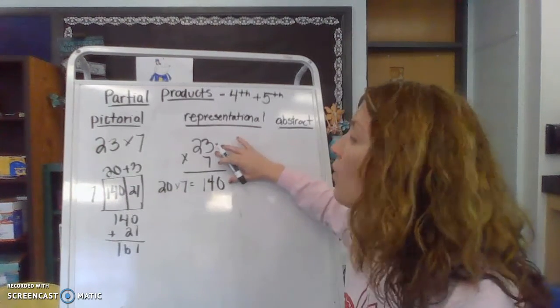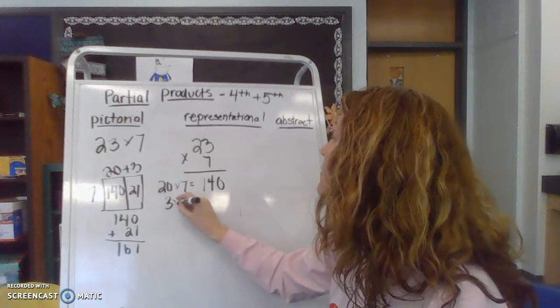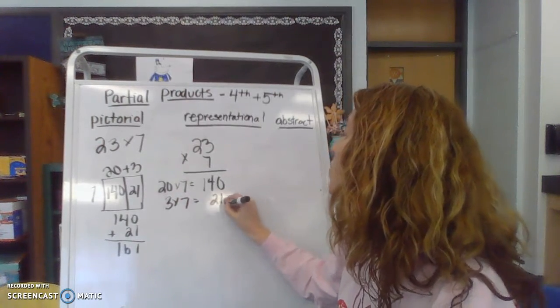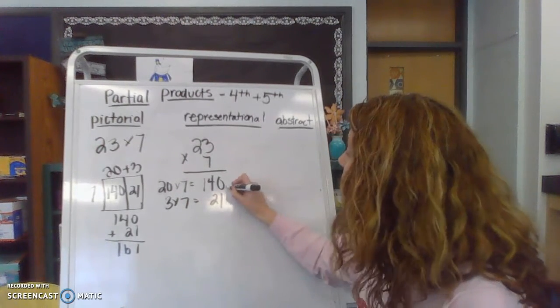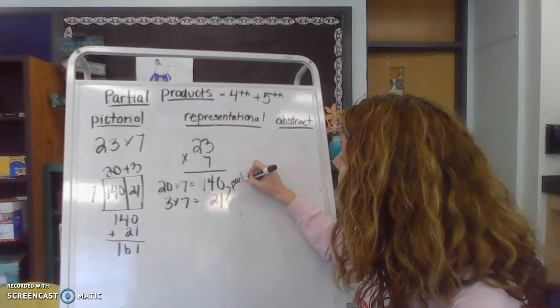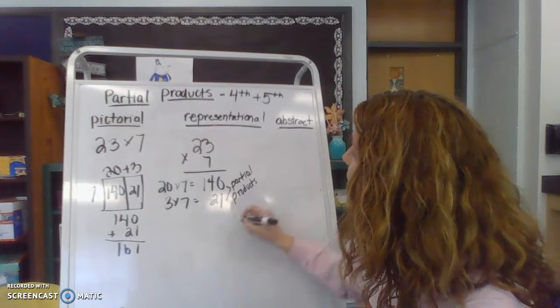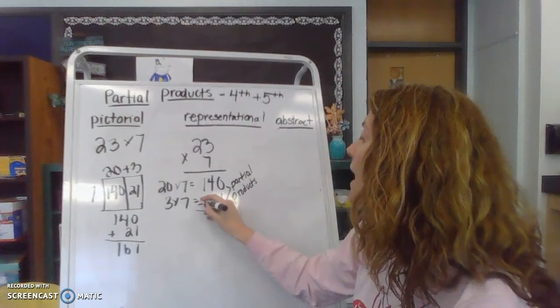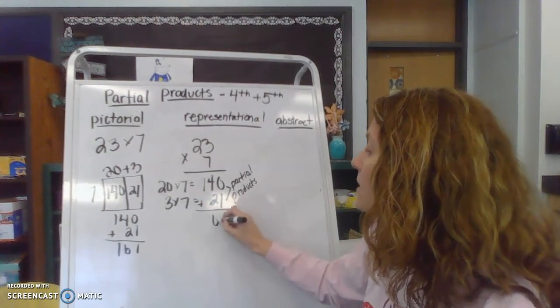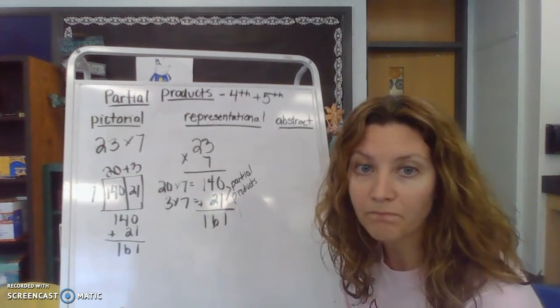And then they will multiply the ones, 3 times 7, to get 21. These are known as our partial products. And then to get their final product, they add them together to get 161.